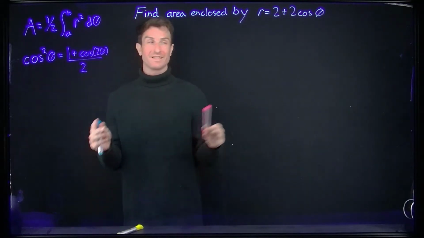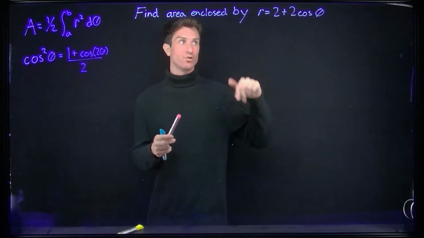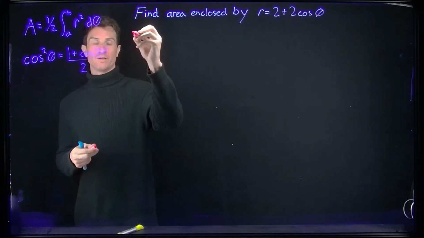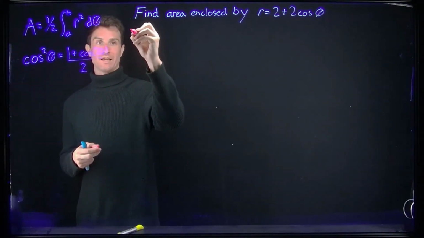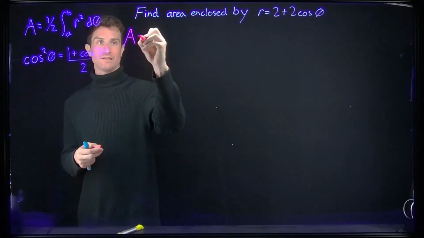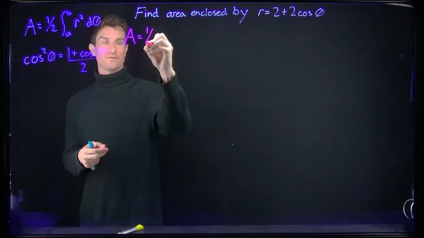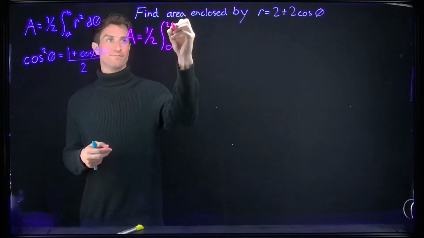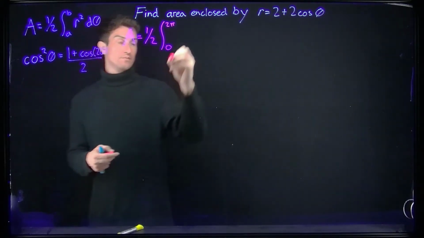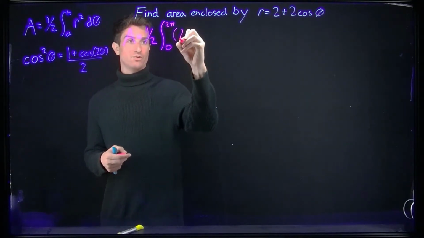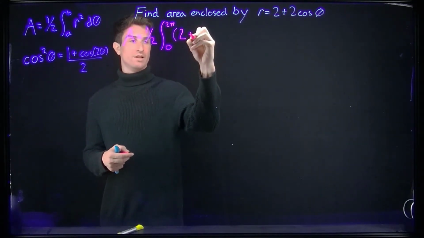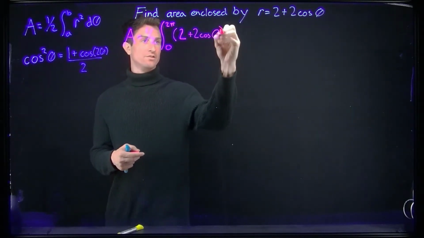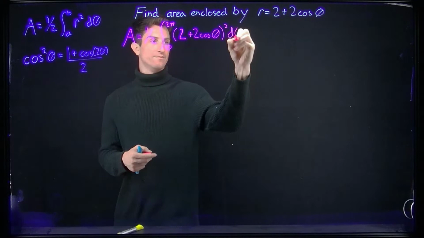Notice that I didn't specify the angle, so we're just going to do one full revolution. We'll start all the way over here. So area is equal to 1/2 integral from 0 to 2 pi of (2 plus 2 cosine of theta) squared d theta.